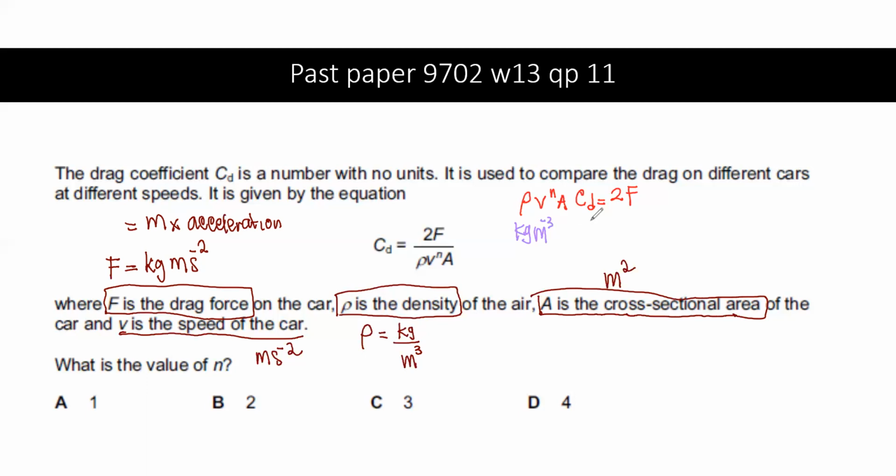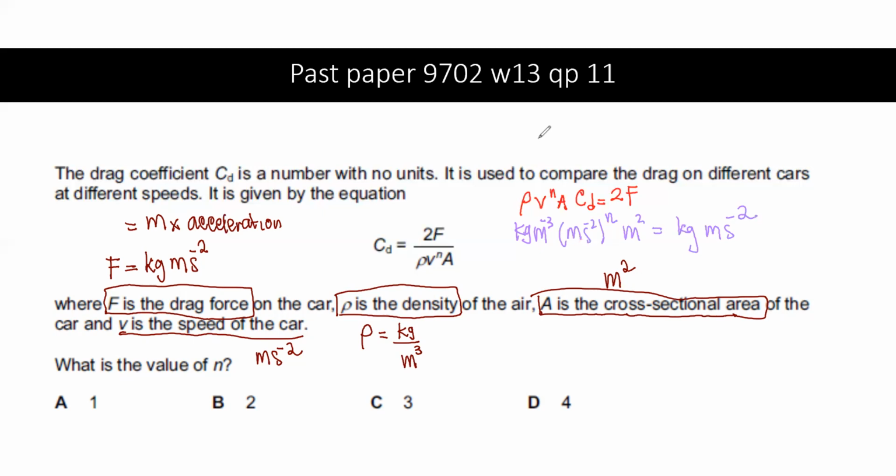V is in meter second minus 2, to the power of n. A is the cross-sectional area, meter square. CD has no units, we ignore that. 2 has no unit, we ignore it. F is kilogram meter second minus 2.